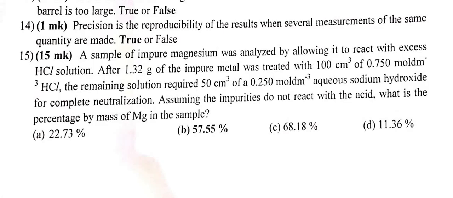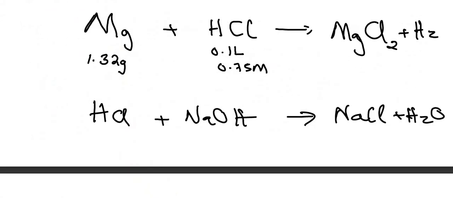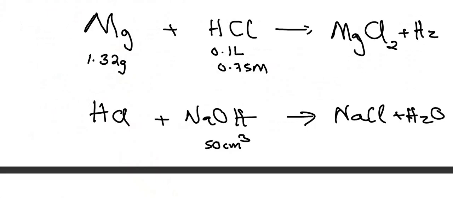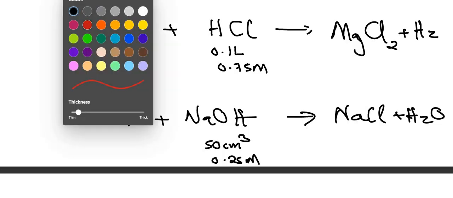So it just dealt with the impure magnesium, and part of it remained, and we completed it using 50. We used 50 cubic centimeters of sodium hydroxide, which is 0.25 molarity. We used this to deal with whatever HCl had remained, right?